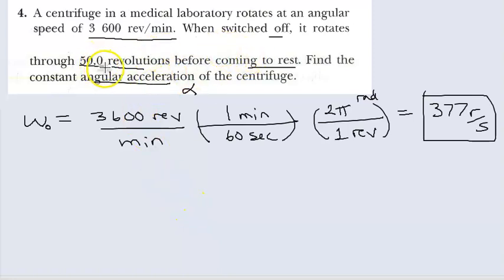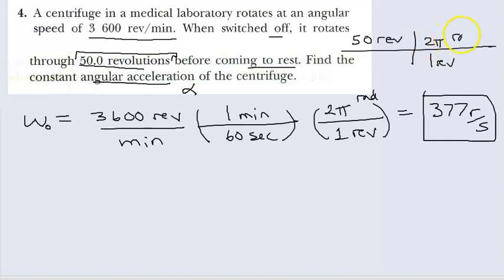Okay, then also kind of annoying, it goes through 50 revolutions. Okay, that's also not the right units. So start with 50 revolutions. 1 revolution is 2 pi radians. So that's 100 pi radians or 314 radians.